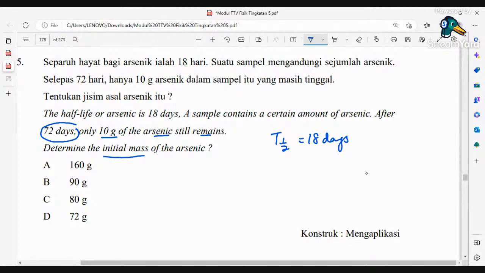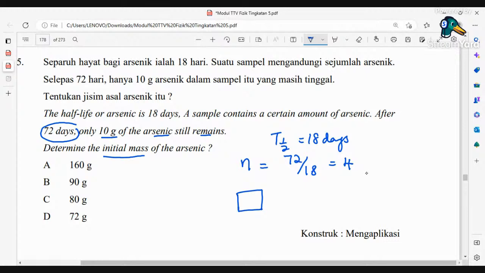So 72 days, how many half-lives? The number of half-lives equals 72 divided by 18. So we get 4. So 4 half-lives.